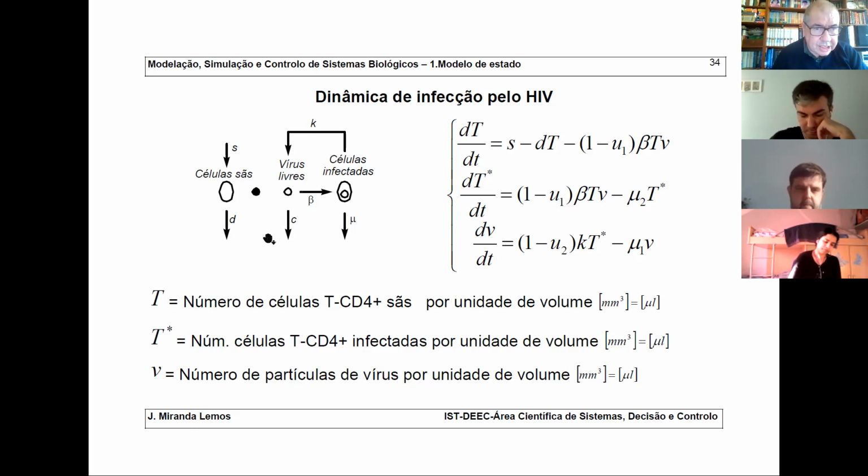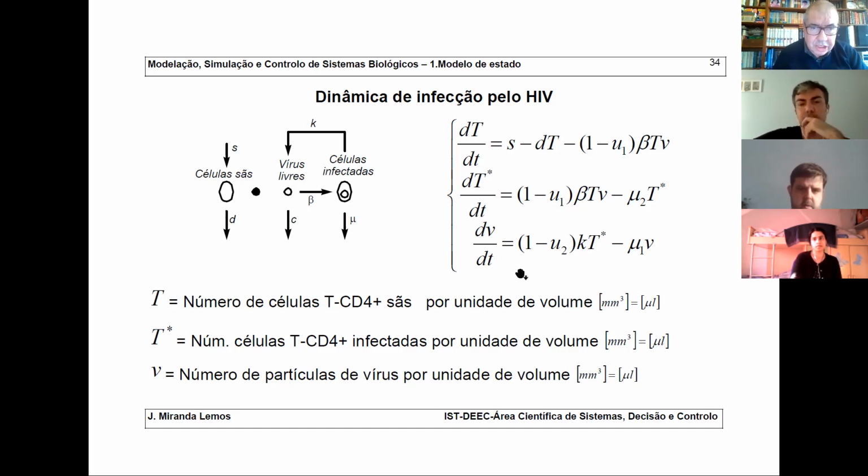So this is a network of what is going on. And we now write equations making a balance of the different types of beings here: the T cells, infected cells, and virus particles.